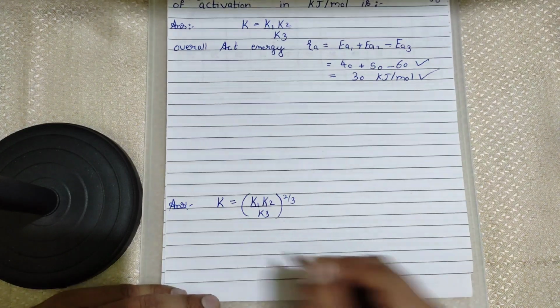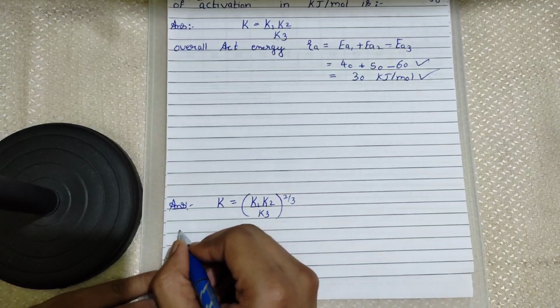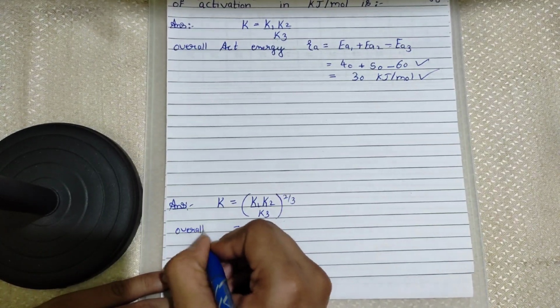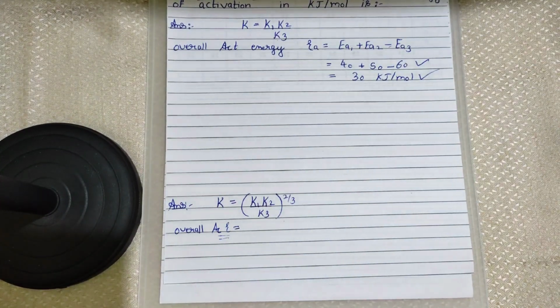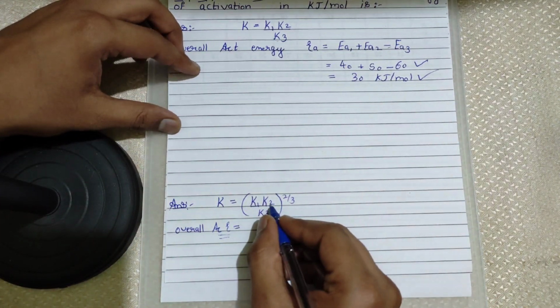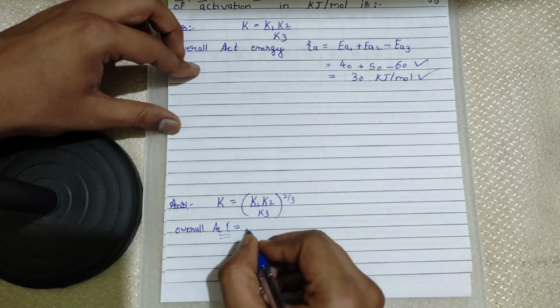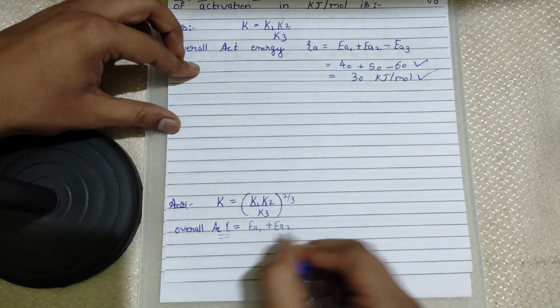As usual, as I told you in the previous problem, we have to get the overall activation energy. K1 and K2 are in the numerator and are being multiplied, so EA1 plus EA2 we have to add.